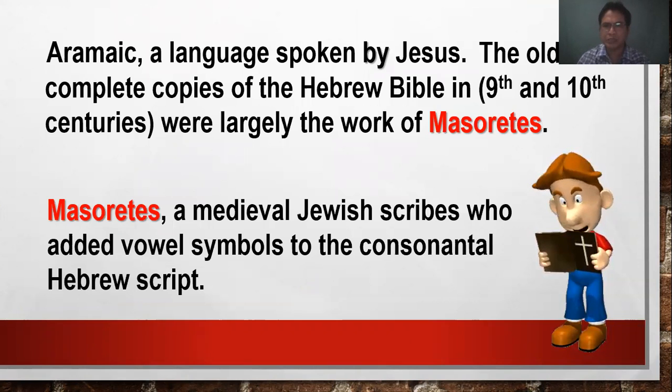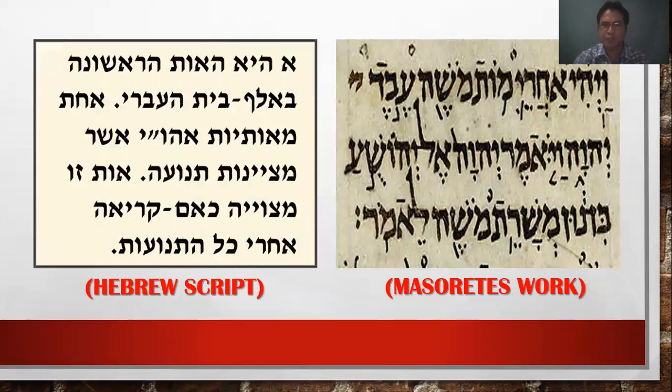The Masoretes were medieval Jewish scribes who added vowel symbols to the consonantal Hebrew script. So that's the work of the Masoretes.